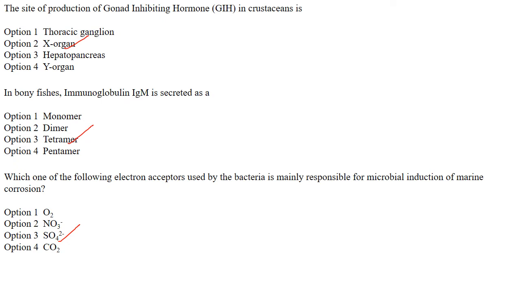The site of production of gonad inhibiting hormone in crustaceans is the X-organ. In bony fishes, immunoglobulin IgM is secreted as a tetramer. Which one of the following electron acceptors used by bacteria is mainly responsible for microbial induction of marine corrosion? It is SO4 2-.